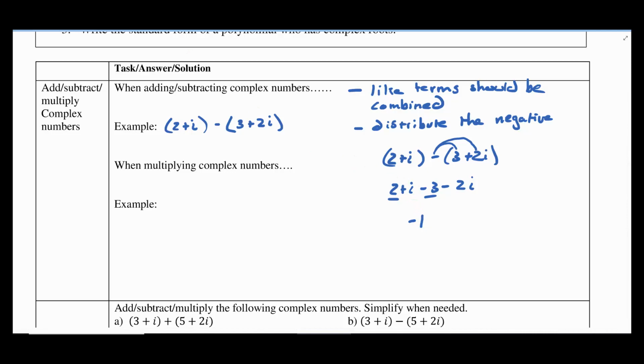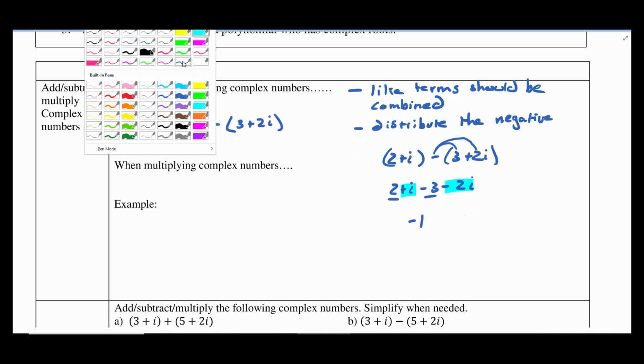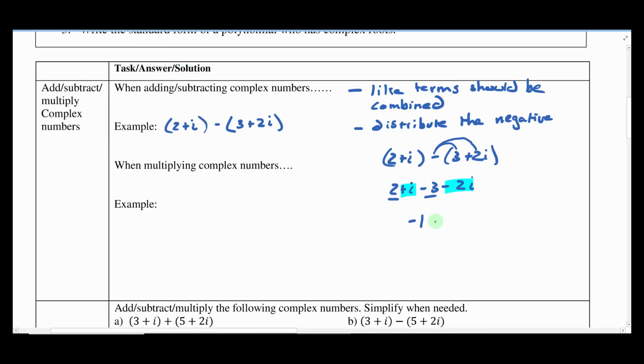Then the complex pieces: we have the i and the negative 2i. Those can be combined as well, so i and negative 2i combine to give us negative i. So 2 plus i minus (3 plus 2i) gives us negative 1 minus i. And I made sure I combined my like terms and distributed that negative.